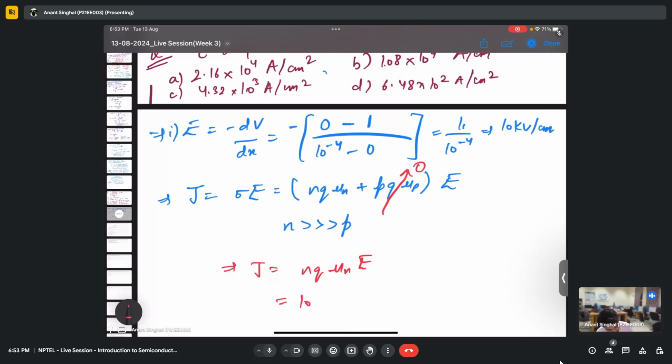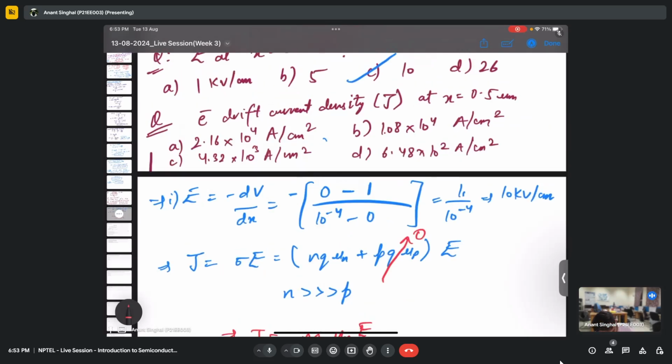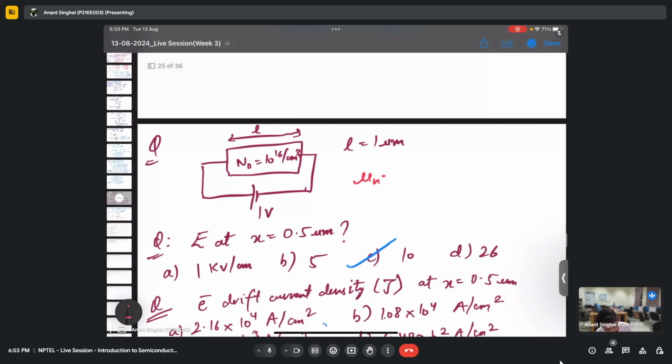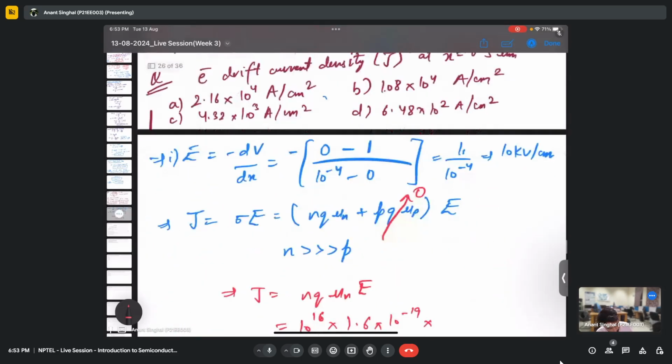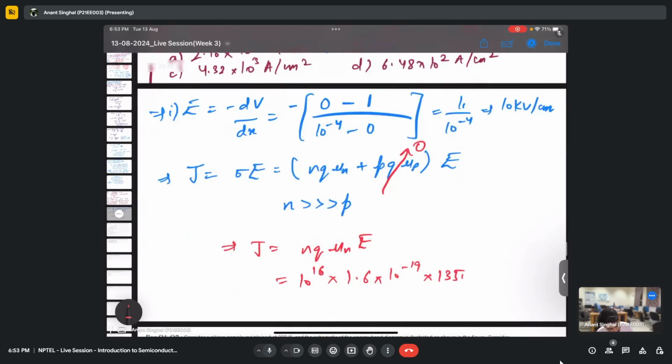N is given as ND, which is 10 raised to 16 per centimeter cube. Q is 1.6 times 10 raised to minus 19. Mu N I have not given in the question, so mu N is mobility of electron, which is 1350 centimeter square per volt second. So this is 1350, and electric field we have just calculated as 10 kilovolts, so I'm writing it as 10 into 10 raised to 3.